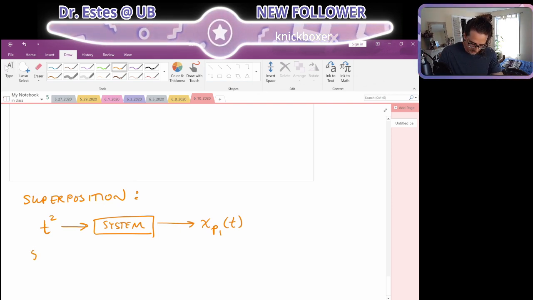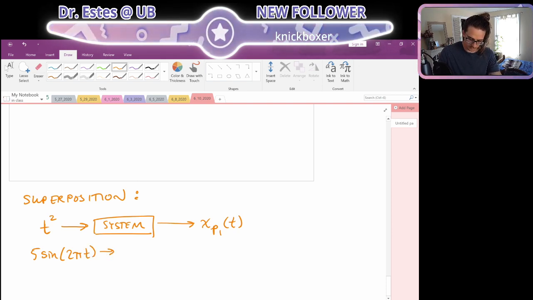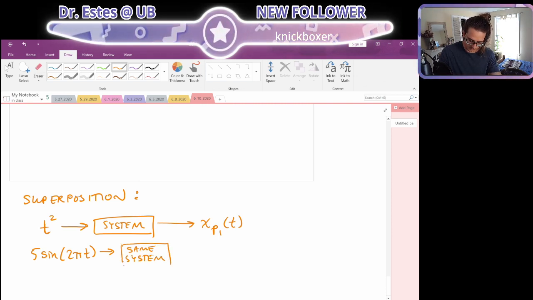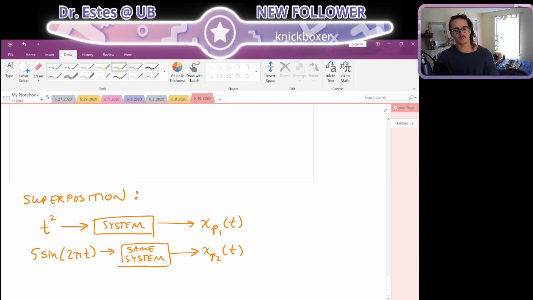For the other example, we had 5 sine 2 pi t, a different forcing function, but we put it into the same system, and then we got out a different particular solution, xp2.